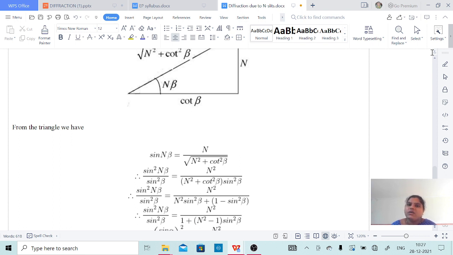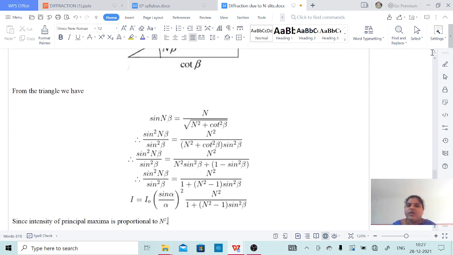We can write cos square beta as 1 minus sin square beta from the trigonometry equations. Now we take the sin square beta term common. So the final intensity equation is I equals I naught into sin square alpha by alpha whole square into n square by 1 plus n square minus 1 into sin square beta.